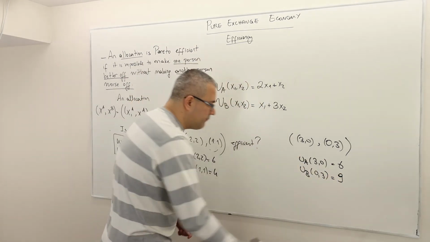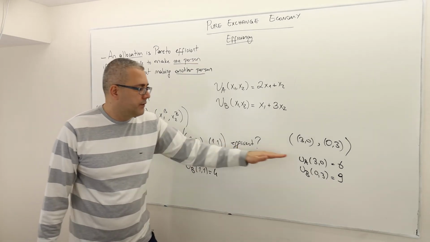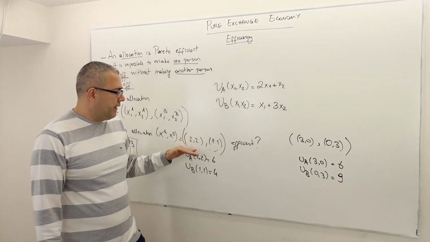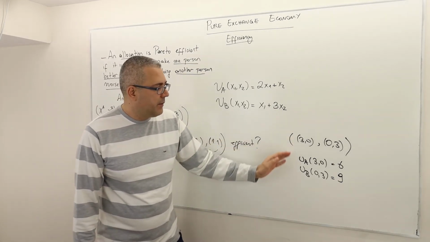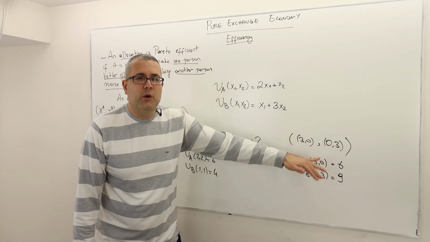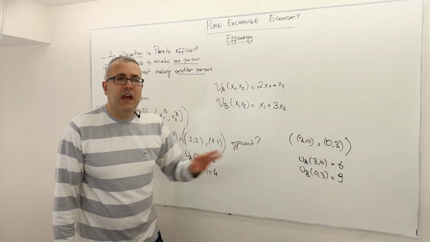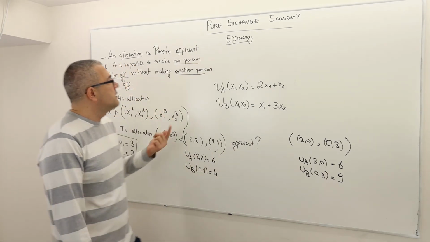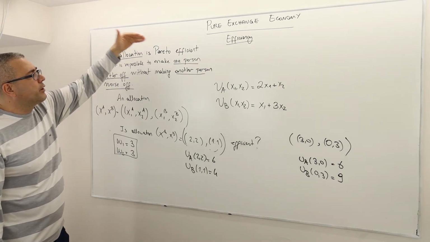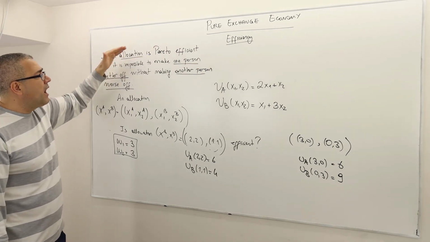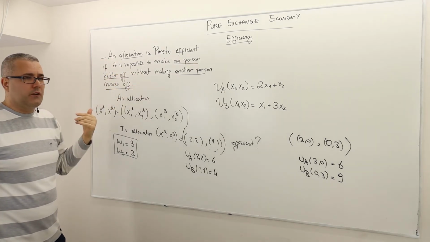So, what happened? Well, Anita is indifferent because her utility level when she consumes 2 good 1 and 2 good 2 is exactly the same as consuming 3 good 1 and 0 good 2. So she's indifferent. However, Bob is strictly happier. So let's go back to the definition. It says an allocation is Pareto efficient if it is impossible to make one person better off without making the other person worse off.